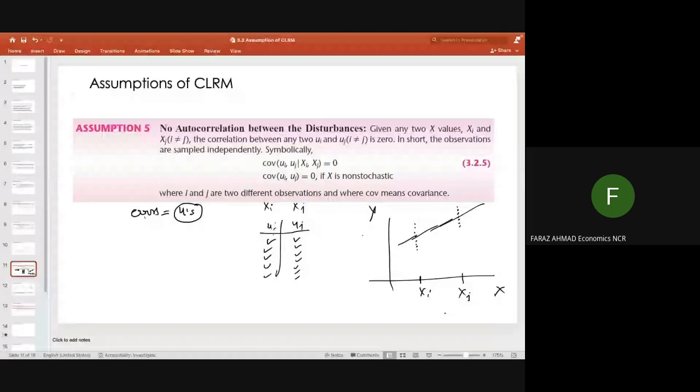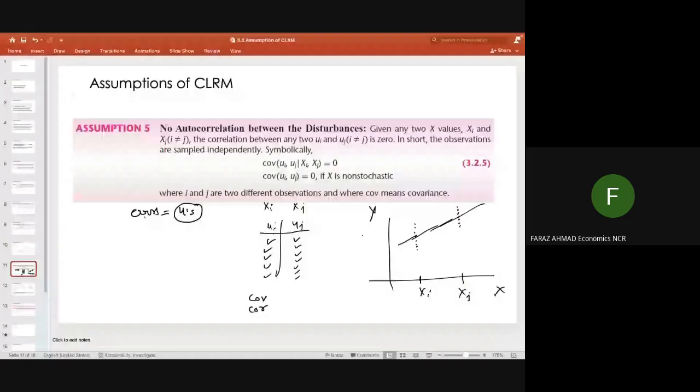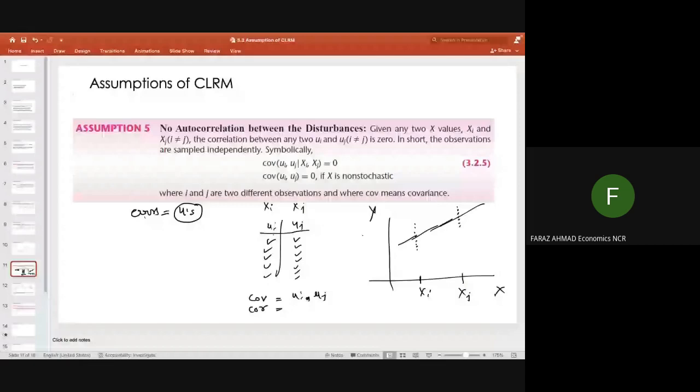If you calculate covariance or correlation between ui, uj, and of course this is conditional correlation or conditional covariance because we are calculating this for a given xi and xj.